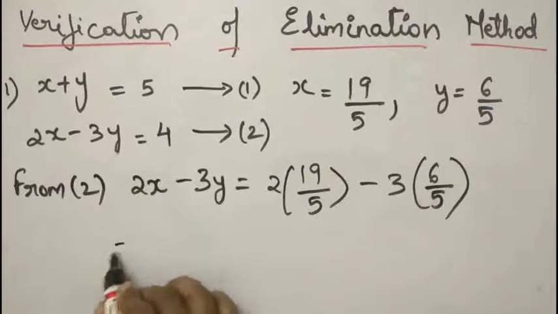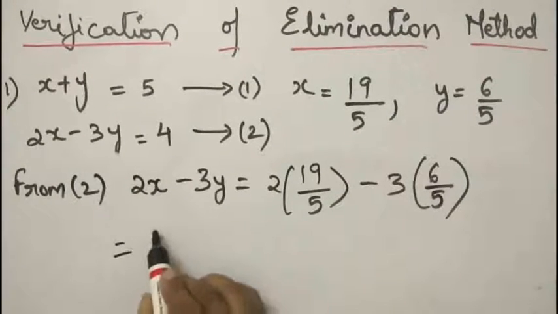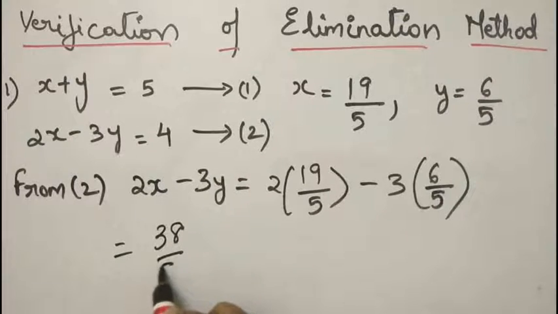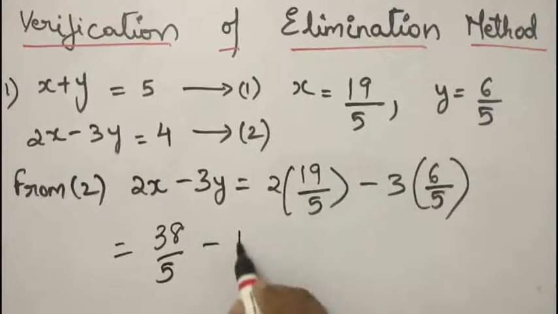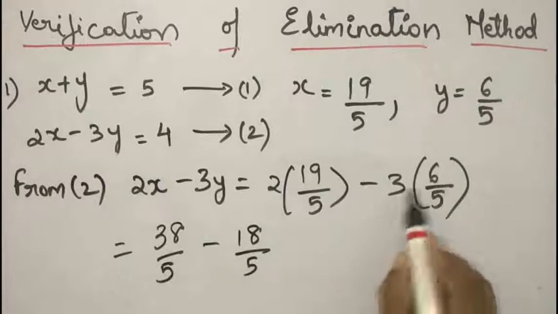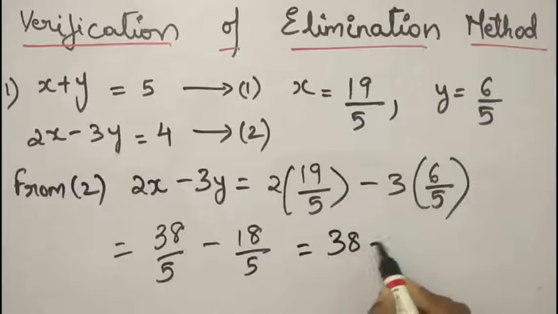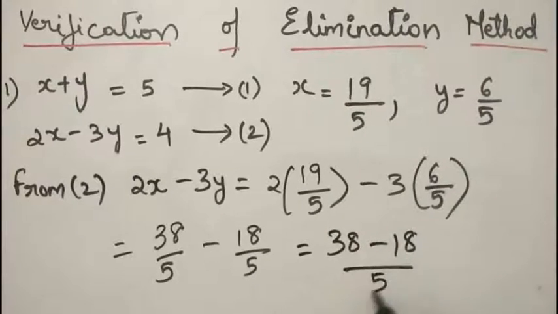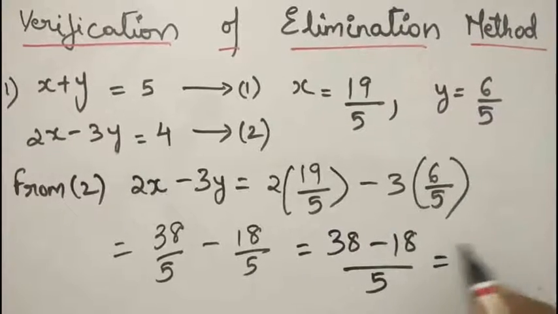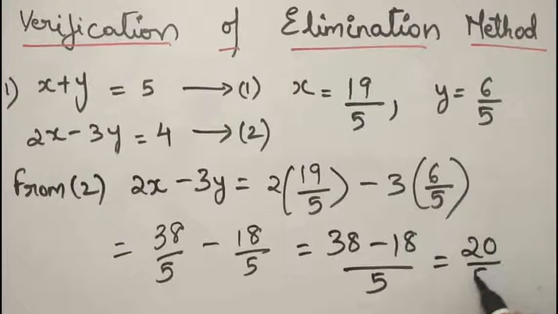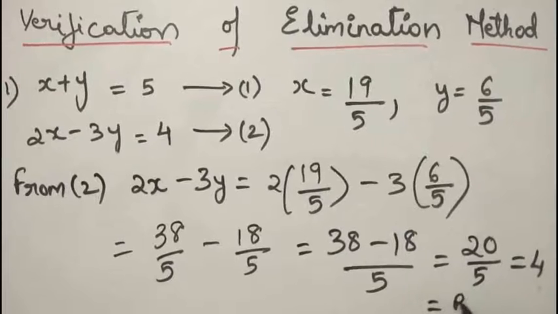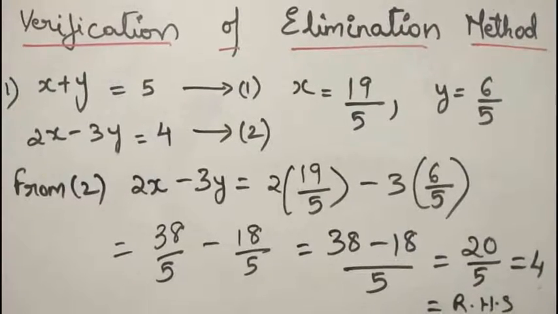After substituting, you will get 2 nines are 18, 2 ones are 2, so 38 by 5, minus 18 by 5, 3 sixes are 18. This is equal to 38 minus 18 by 5, which is equal to 20 by 5, which is nothing but 4. So we got the RHS. So after substituting in equation 2 also, we got LHS equal to RHS.